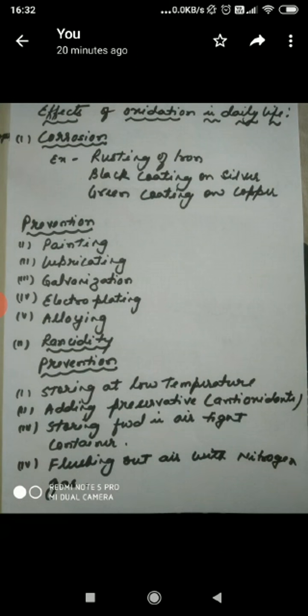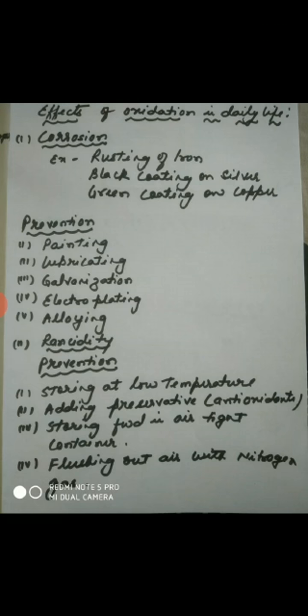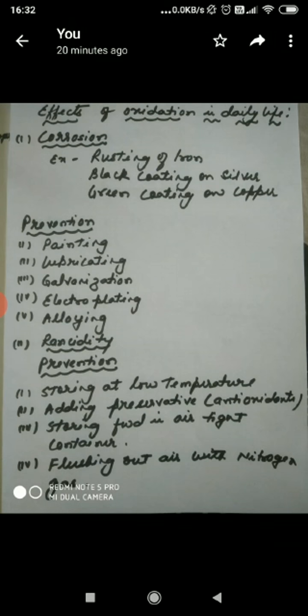Day-to-day examples are rusting of iron, black coating on silver, and green coating on copper.